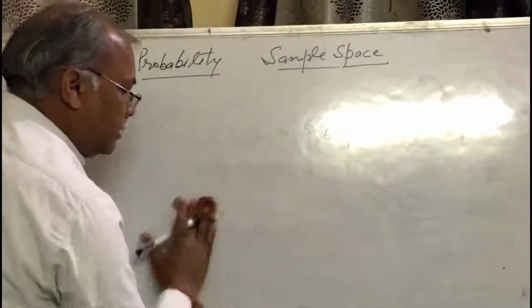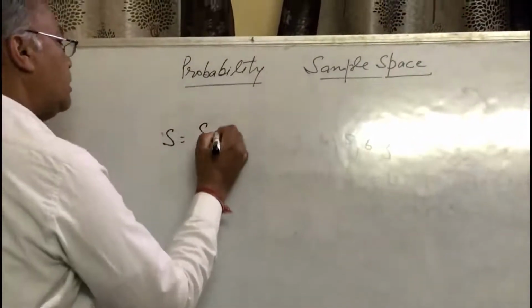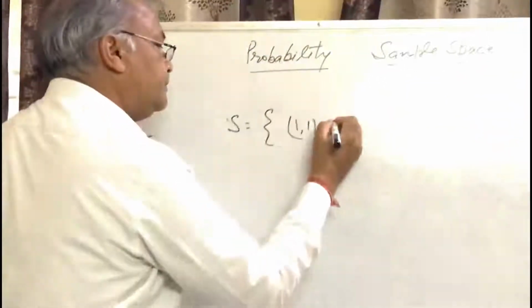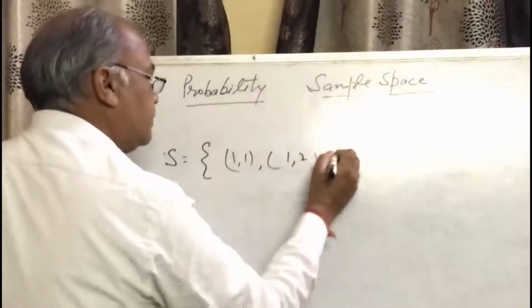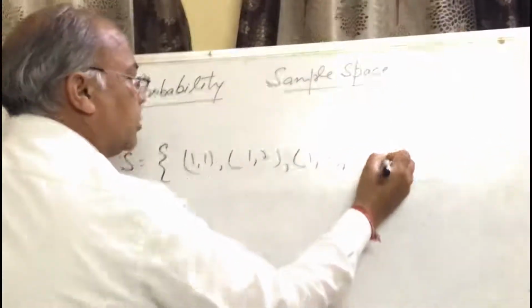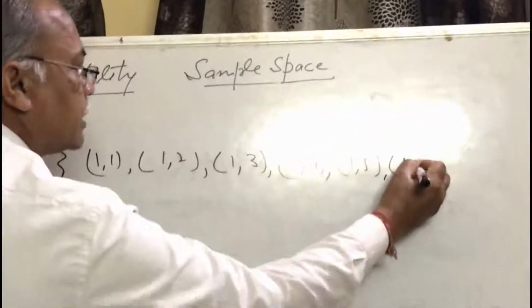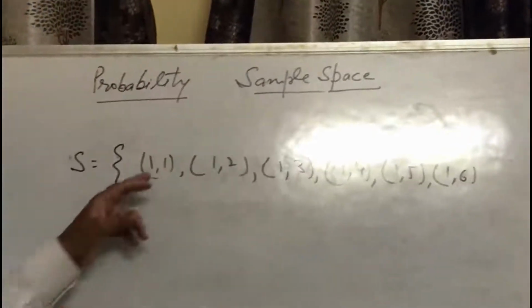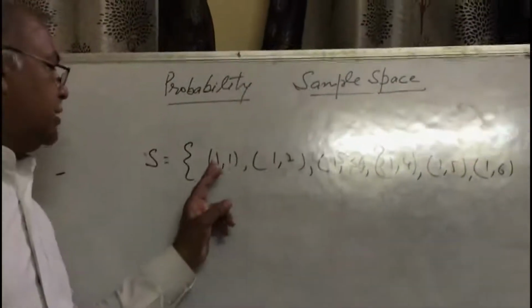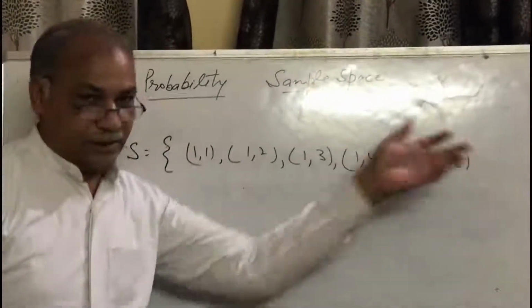Let us try. 1, 1, 1, 2, 1, 3, 1, 4, 1, 5, 1, 6 means the first die is showing 1, and the second die can get 1, 2, 3, 4, 5, 6.